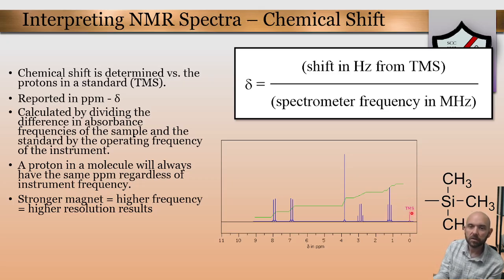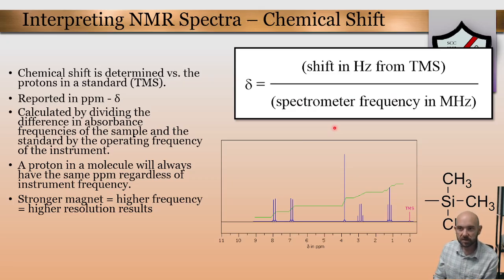And then every other hydrogen is compared to that. Whatever frequency of energy is required to flip those protons is subtracted from the frequency that's required to flip any other proton. And that difference is divided by the operating frequency of the spectrometer overall.